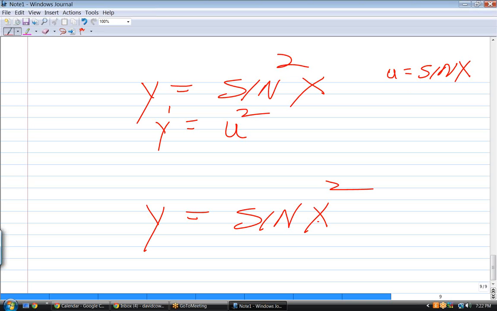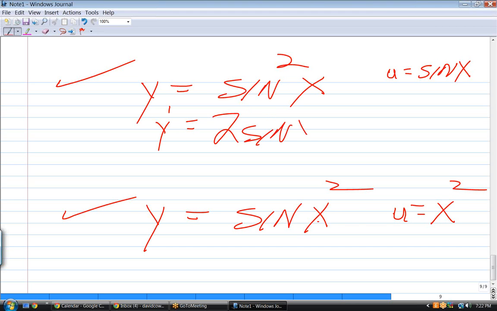For the second problem, if I was using u substitution, I would let u equal x squared. So the inside for this one is sine x. The inside for this one is x squared. If I'm taking the derivative of this one, I'm going to say 2 times sine of x, that's the derivative of the outside, times the derivative of the inside, which is cosine x.